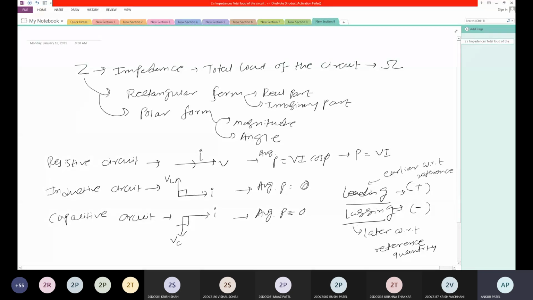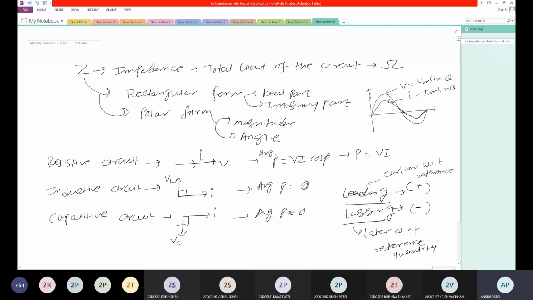Suppose we have a resistive load, then we can show the voltage and current like this. Which circuit is it, resistive, inductive or capacitive? This is my V, this is my I. This is my Vm sin theta, this is my Im sin theta.